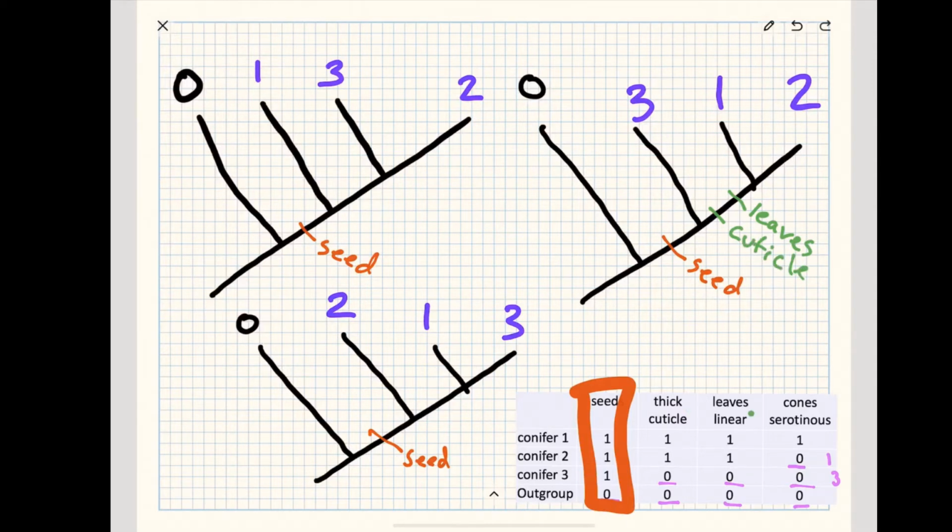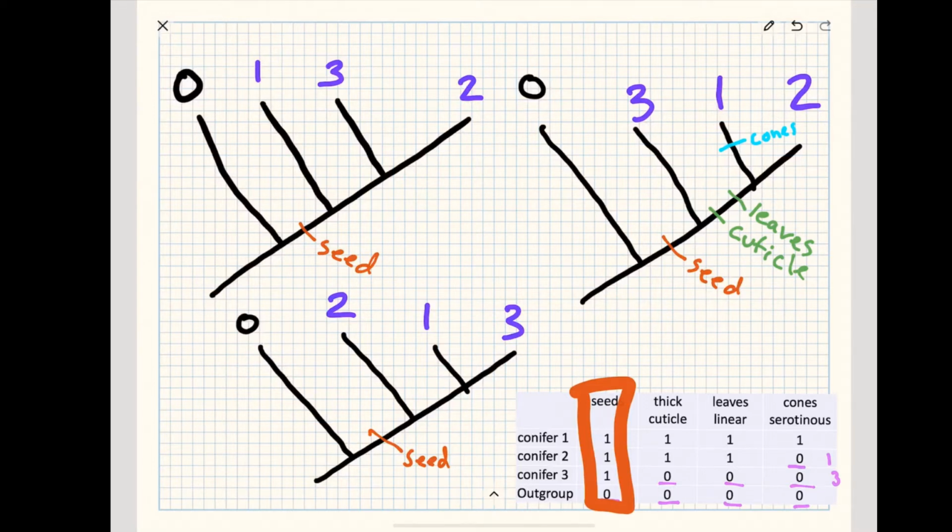This is the one that shows the conifer that has most in common with the outgroup, kind of closest to the outgroup. And now we're just mapping on the rest of the traits. Both linear leaves and a thick cuticle are present in conifer 1 and 2, but not in conifer 3 nor the outgroup, and so they would be situated right there in green.